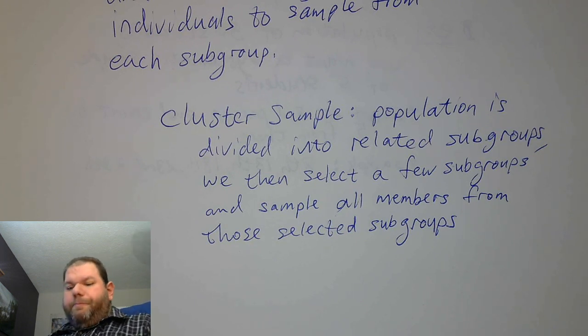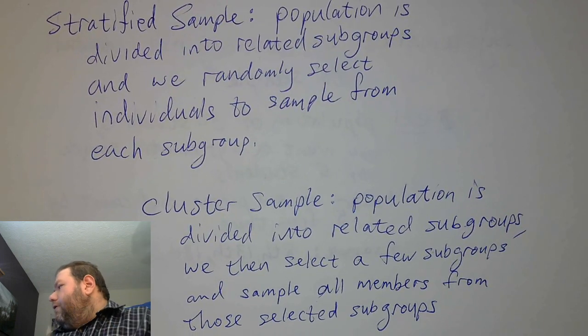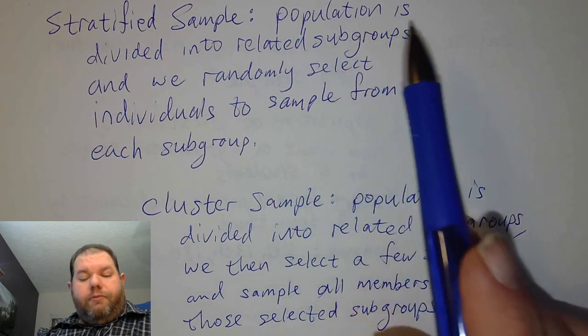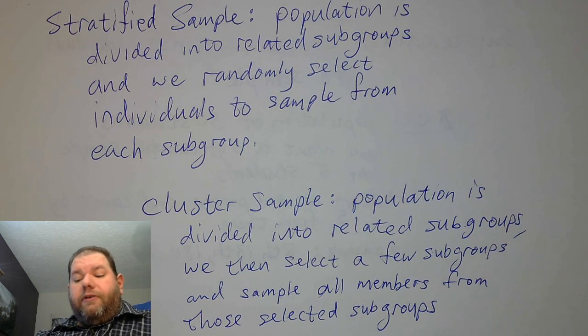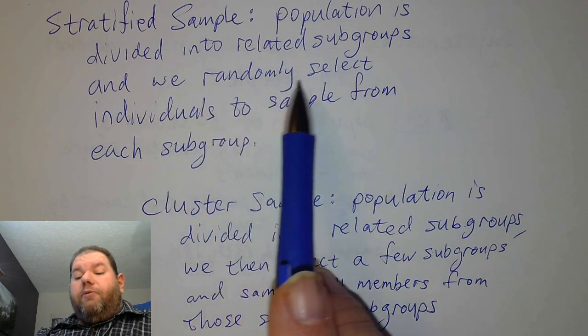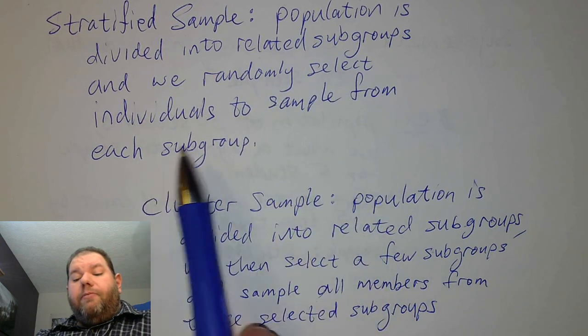Now, this one's a little more challenging, but first of all, let's compare that with stratified. In both cases we start with breaking the population up into related subgroups. With stratified, we randomly select individuals to sample from each subgroup.